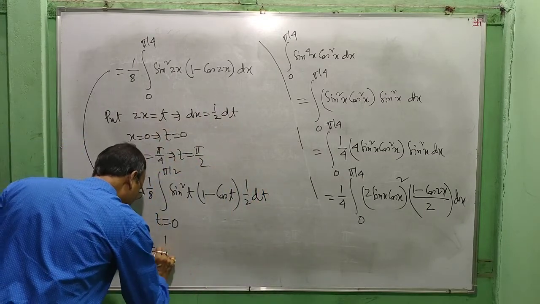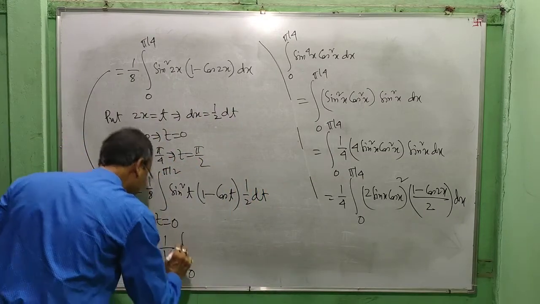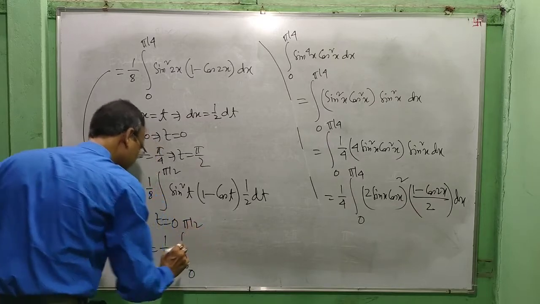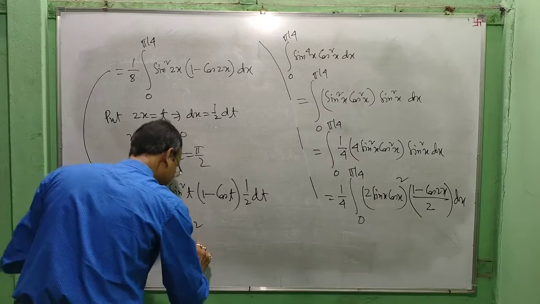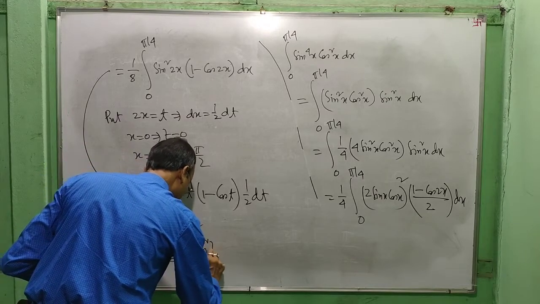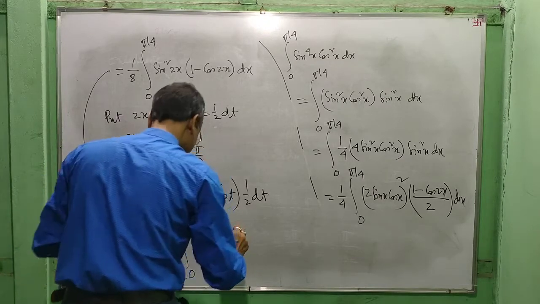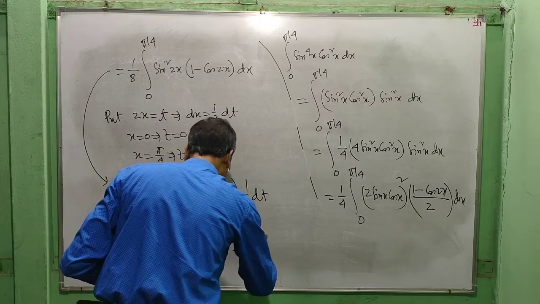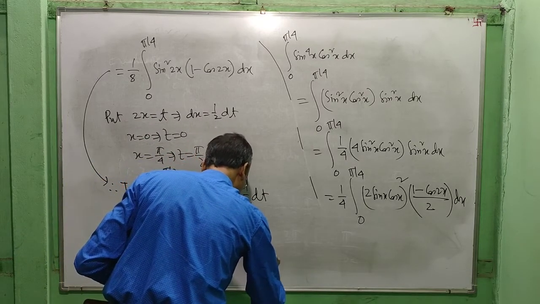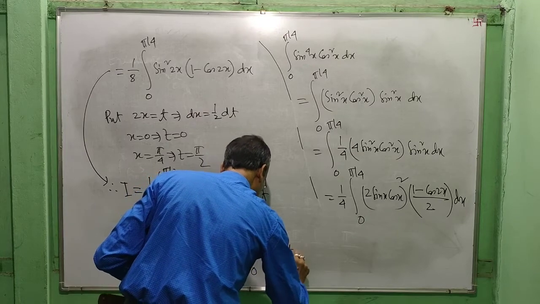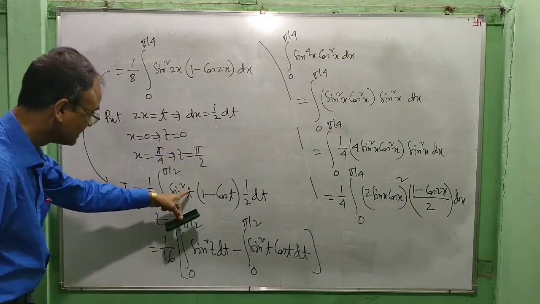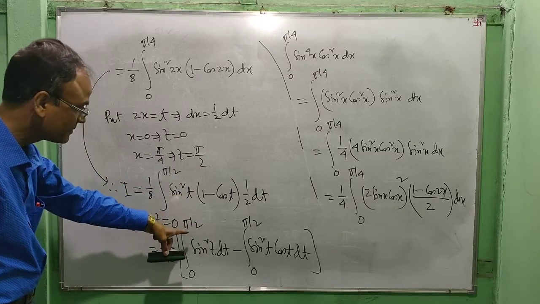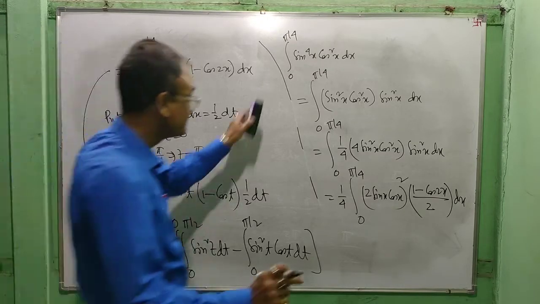This is equal to 1 by 16, integral 0 to pi by 2 of sin square t dt minus integration 0 to pi by 2 of sin square t into cos t dt. Am I right? Yes.